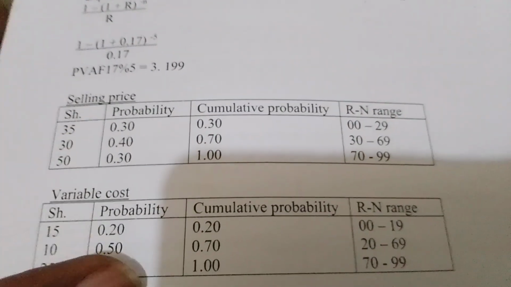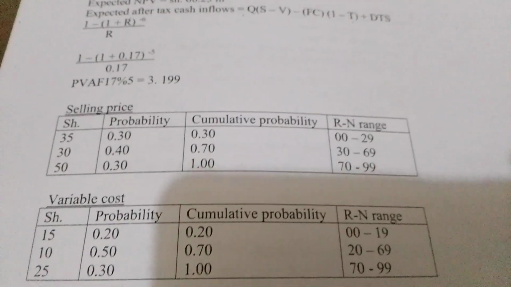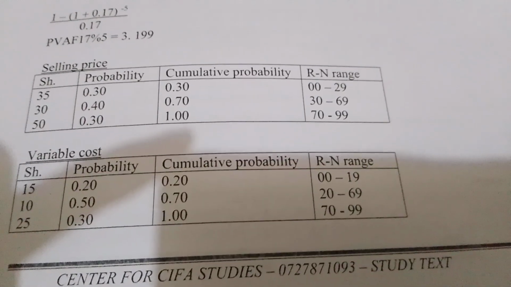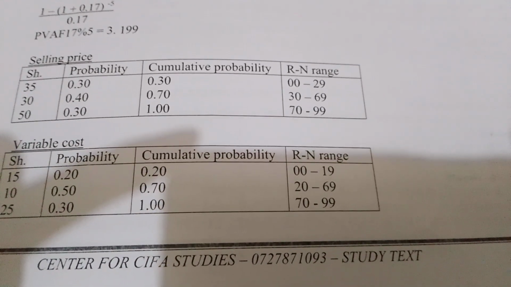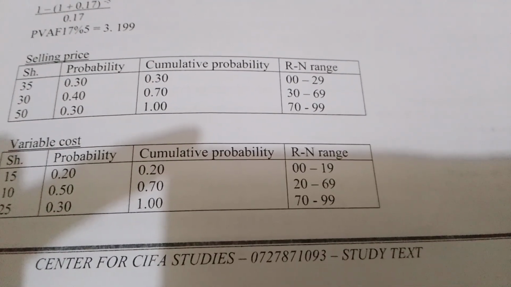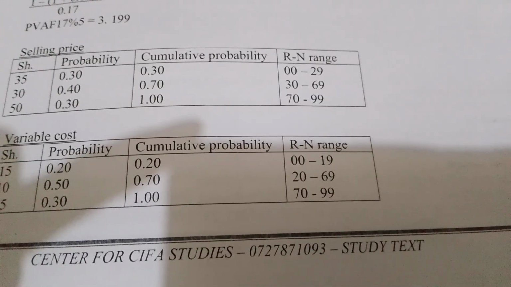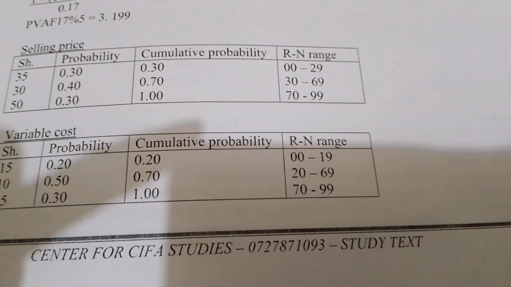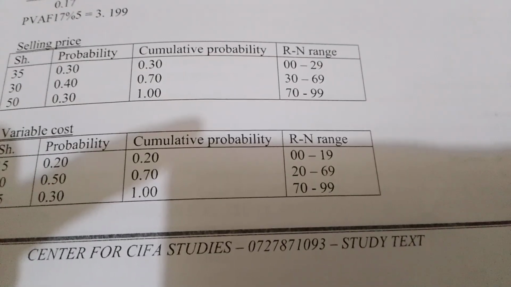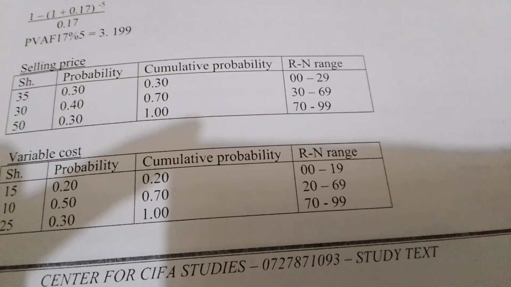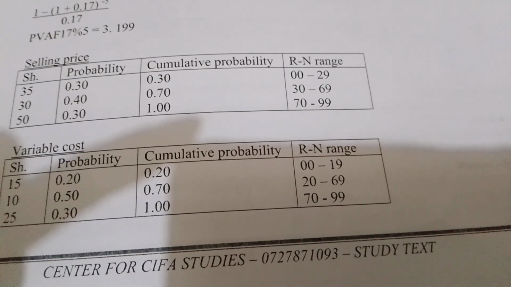So have in mind these values and these probabilities. The selling prices are given there, 5, 30, 50. Probabilities are given 0.30, 0.40, 0.30. Cumulative probability, you start with 0.30, then 0.30 plus 0.40, you get 0.70. 0.70 plus 0.30, you get 1. These are your cumulative probabilities. Then random range.